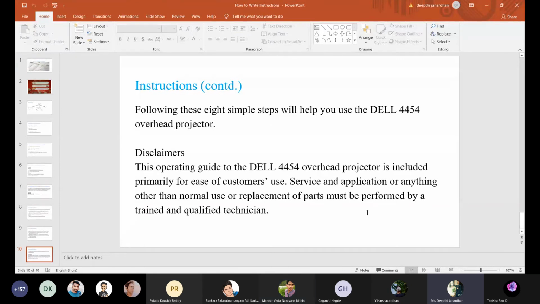They would only tell you these are things that you can do. Over and above that, if you have to do it and something happens, you cannot claim for it. Those are disclaimers. This is all what you can do. Over and above that, you cannot. Like you said, maybe a denial, yes.